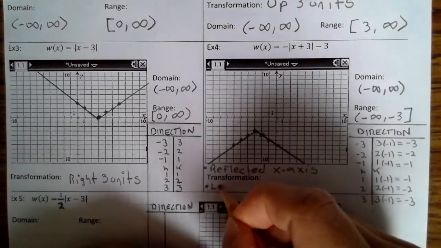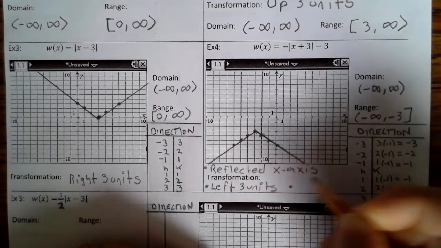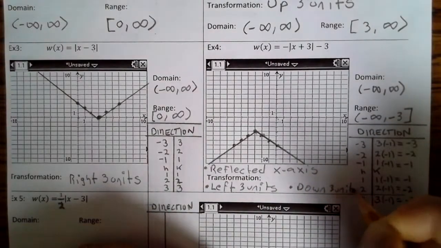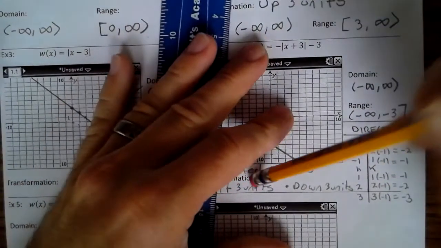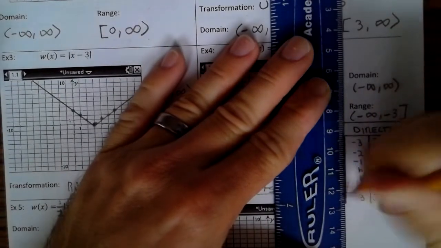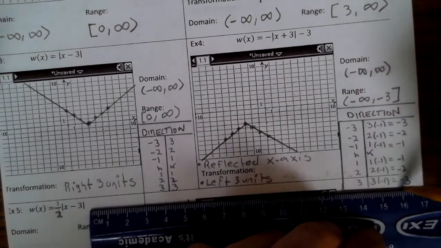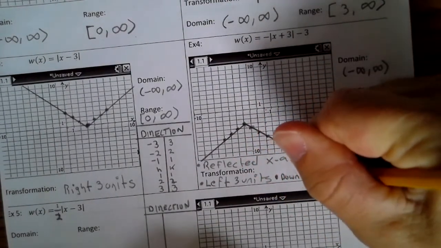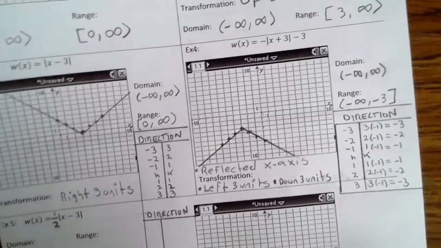And then it went left 3 units and down 3 units. Okay. All right, go and finish up example 4.